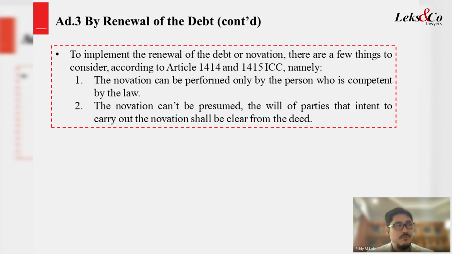We saw before that the subrogation can be under the law, not only by the agreement. But the novation is not. It must be very clear from the beginning, and it has to be in writing, because it must be clear from the deed, right?